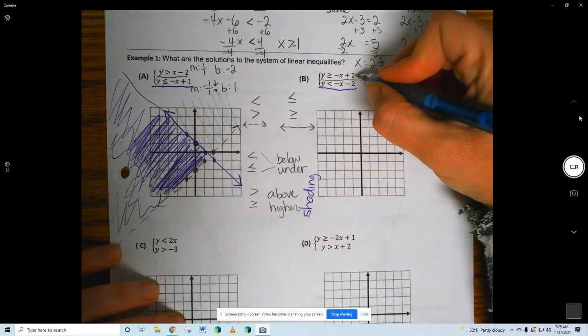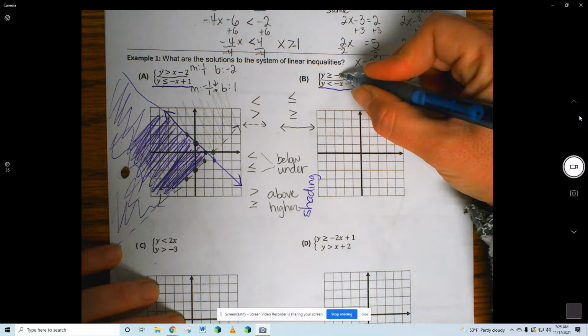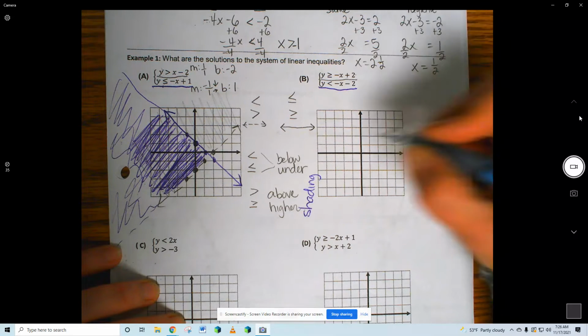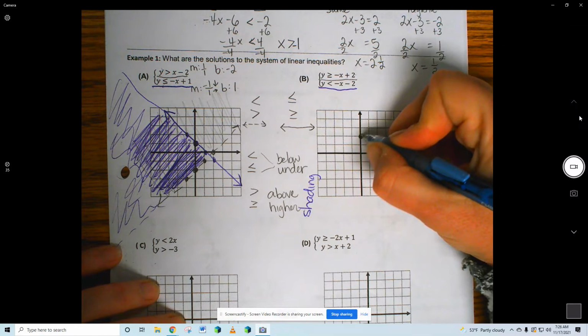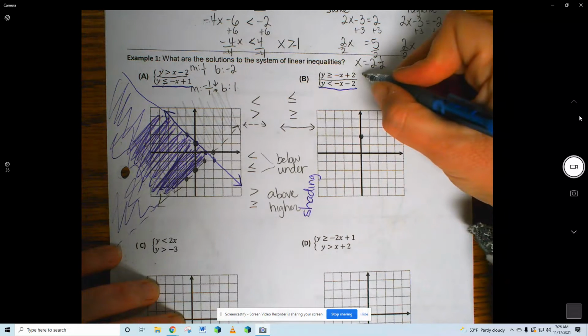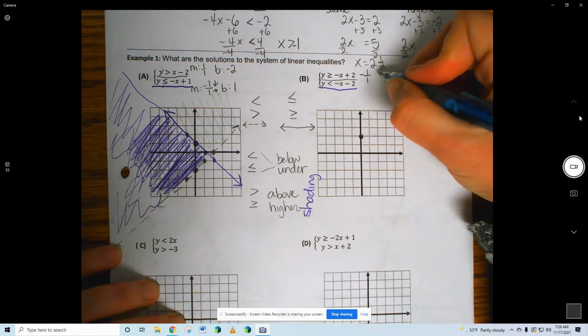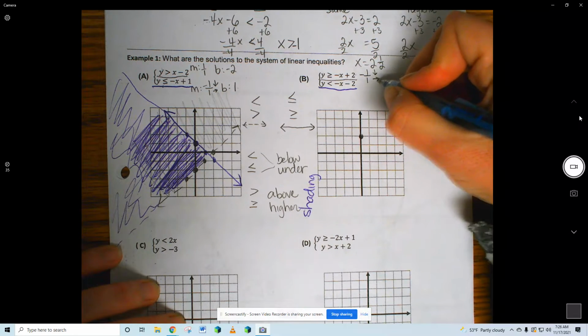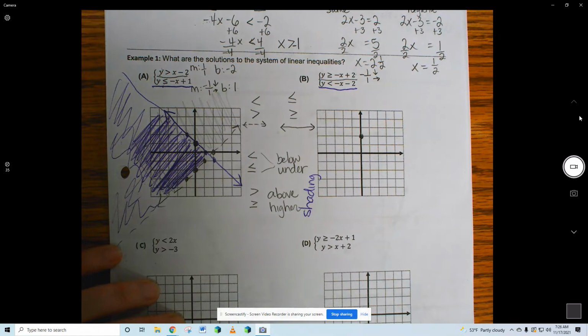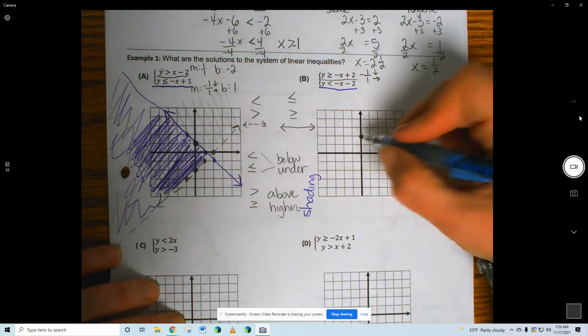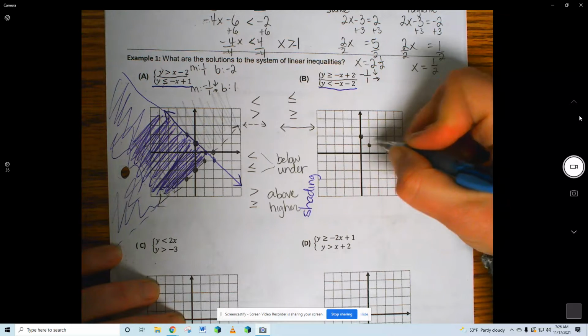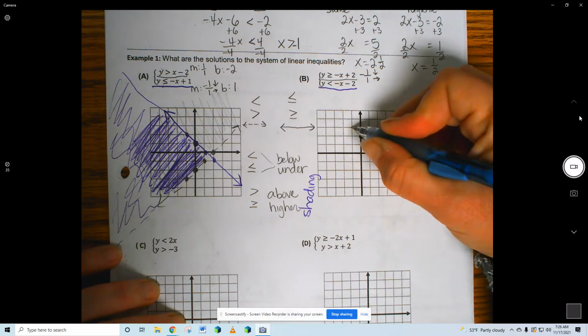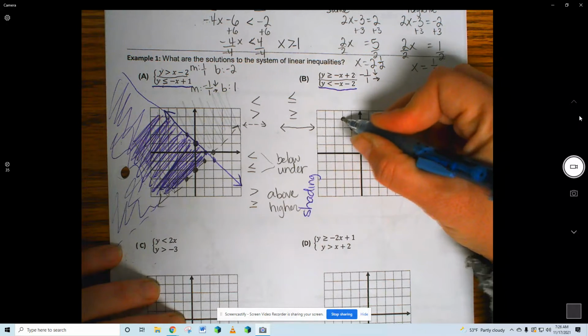Begin at 2. Rise down 1, run positive 1. My slope for the top one is negative 1 over positive 1. Down 1, right 1. It's a downhill line. Reverse it, please. Go the opposite direction.